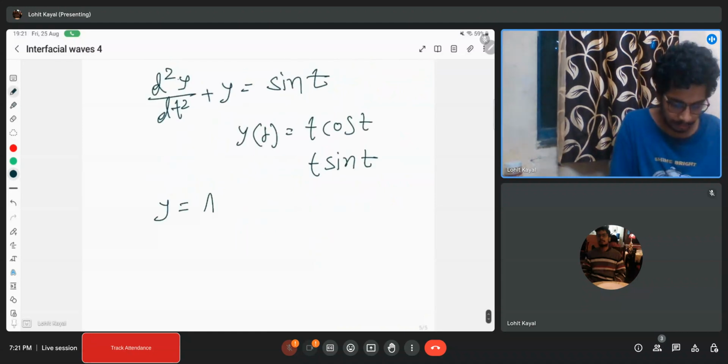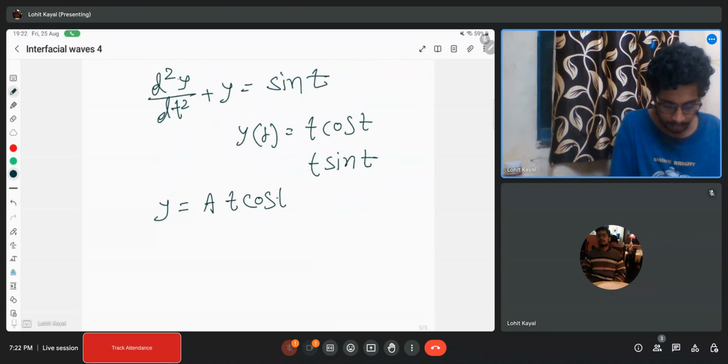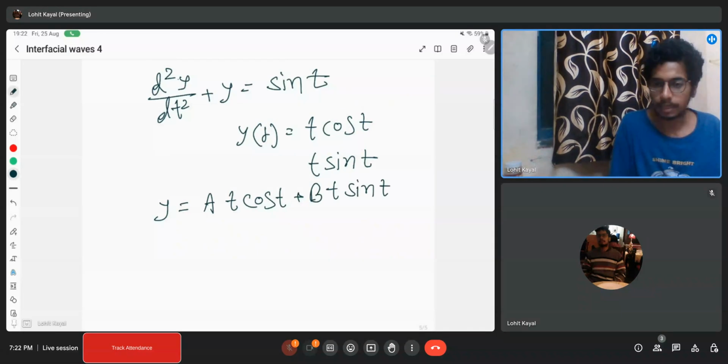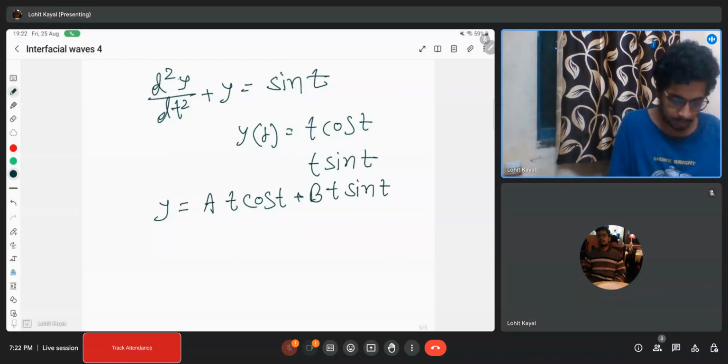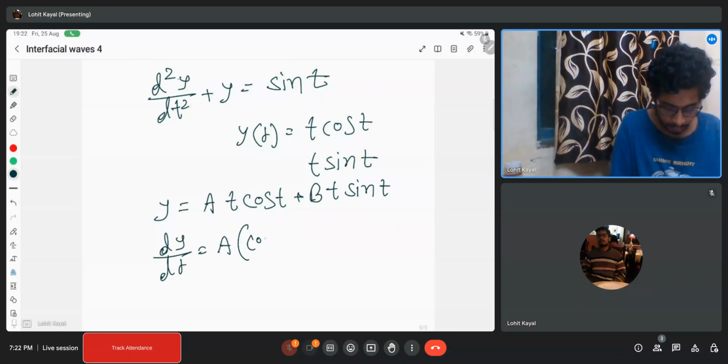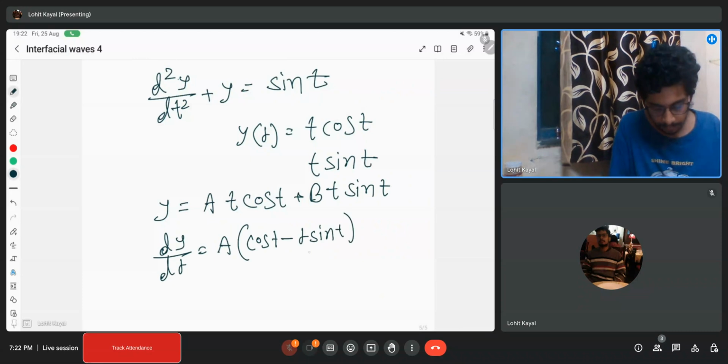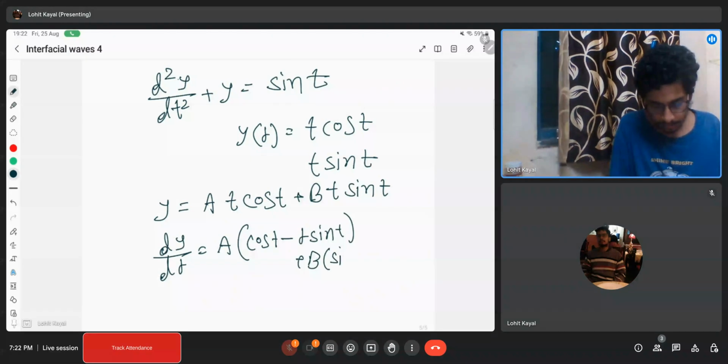Let us just take y equal to a into t cos t plus b into t sine t. And let us just do the substitution. So first dy dt, it will be a into (cos t minus t sine t) plus b into (sine t plus t cos t).